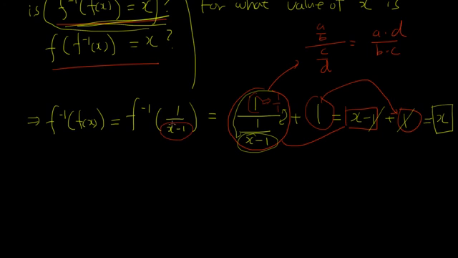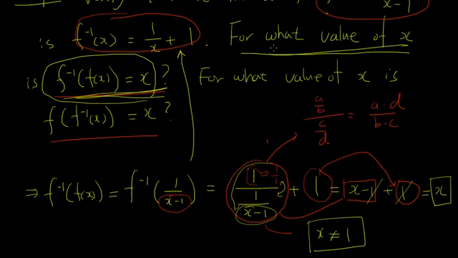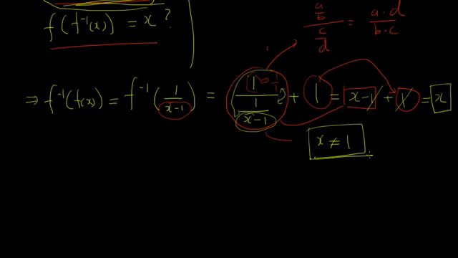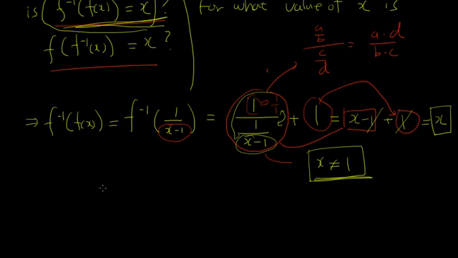So x cannot be equal to 1, right? Because if x equals 1, we cannot get to here. It'll blow up right about here, or right about here, even. So they say for what value? Any value, but x cannot be equal to 1. That's the answer.